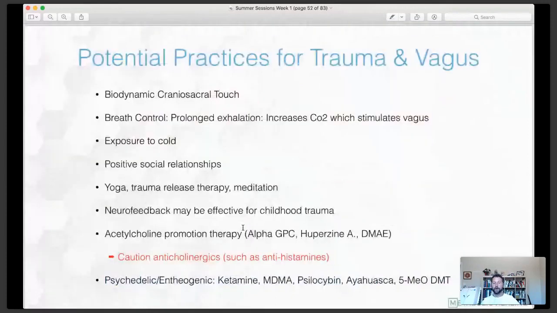So I want to also say that when you're working with clients that have trauma issues and or vagus nerve issues that are suspected or known, the first thing that needs to be established is a feeling of safety. I call this safety sensing.